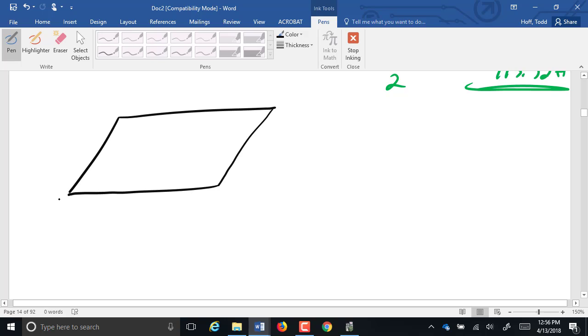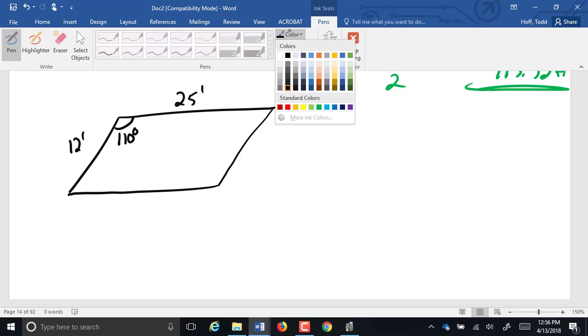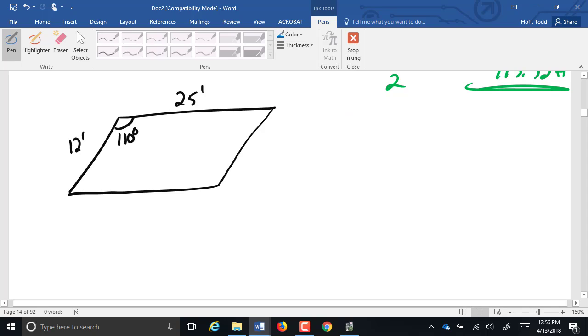Let's say I have a parallelogram like this, and I tell you that this side is 12 feet, and this side is 25 feet, and that this angle here is 110 degrees. I can cut it across here, and of course, that's going to be two identical triangles, isn't it?